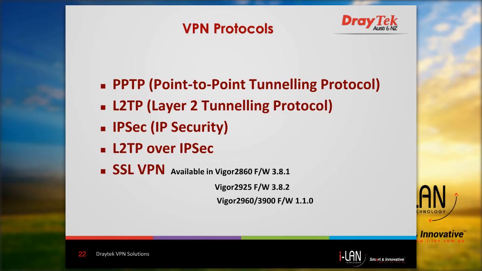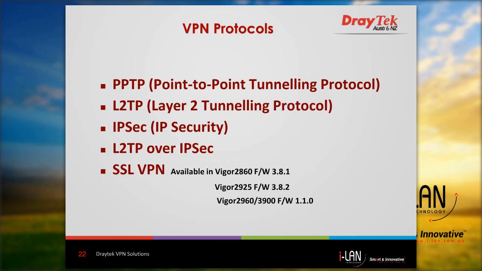And the supported protocols are listed on this page, and include point-to-point tunneling protocol, which is known as PPTP, and it encapsulates point-to-point protocol frames into IP datagrams for transmission over an IP-based internet network. And it just uses port 1723. And for this, you just use a username and password for authentication.